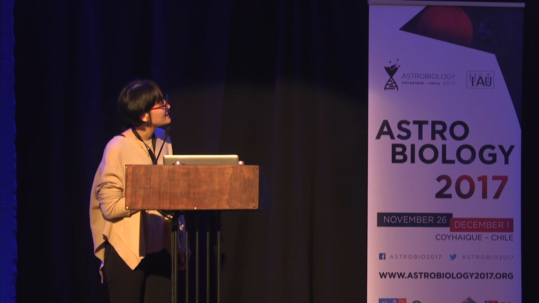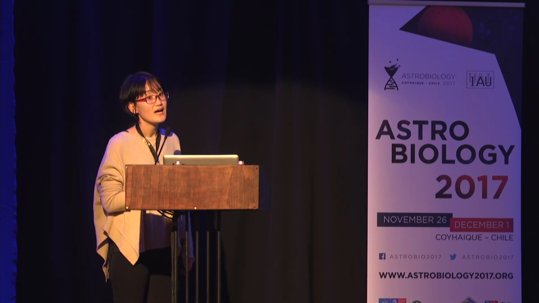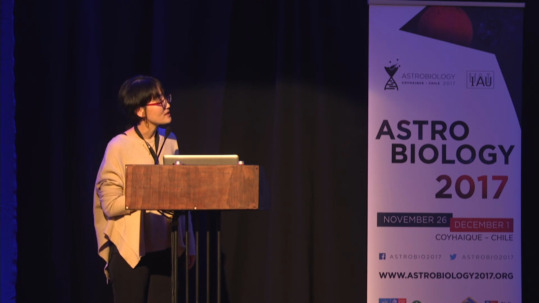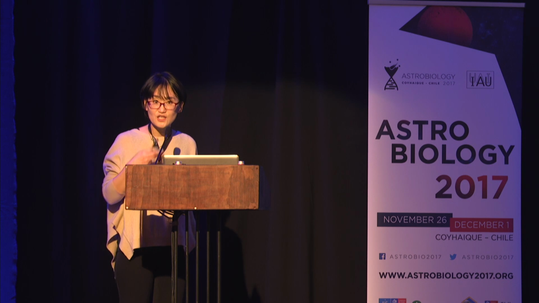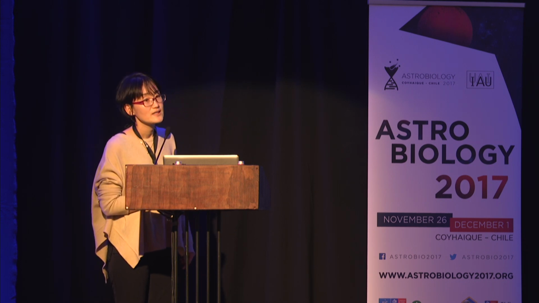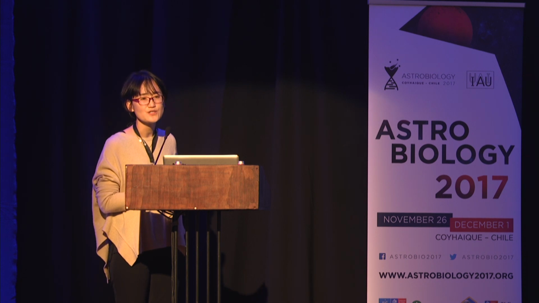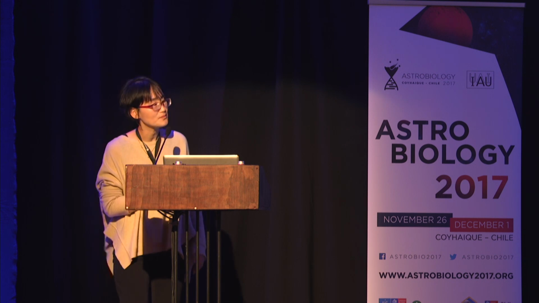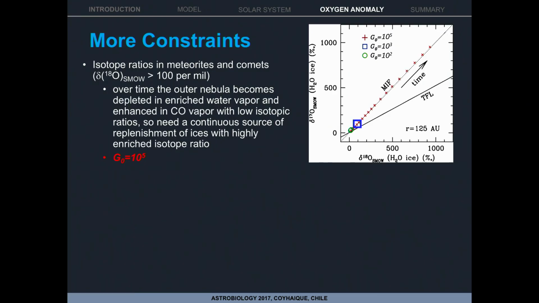But we detected very high oxygen isotopic ratios in meteorites and comets. So we need a continuous source to compensate for the low oxygen isotopic ratio detected in C16O, CO vapor. So we need a continuous source of water ice with very high oxygen isotopic ratios.